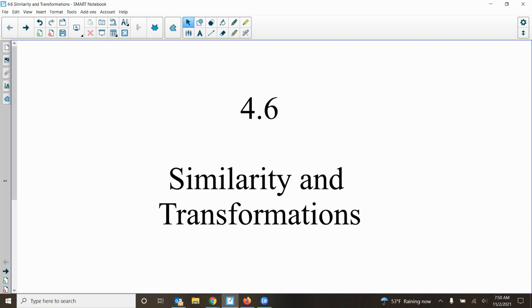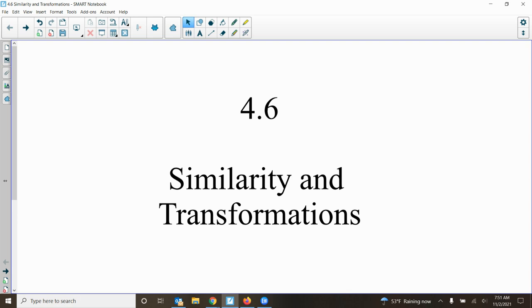In 4.4 we showed this shape is congruent to this shape, and we would go through rigid motions like translations, reflections, rotations, or some mixture of those 3 to go from one to the other. But now that we have dilations, we can show that shapes are similar to one another by doing a similar argument, but including a dilation in there.